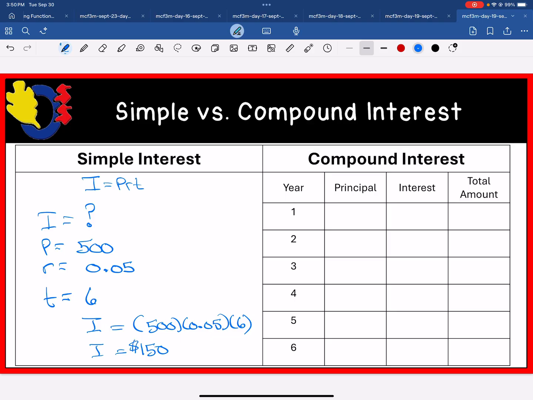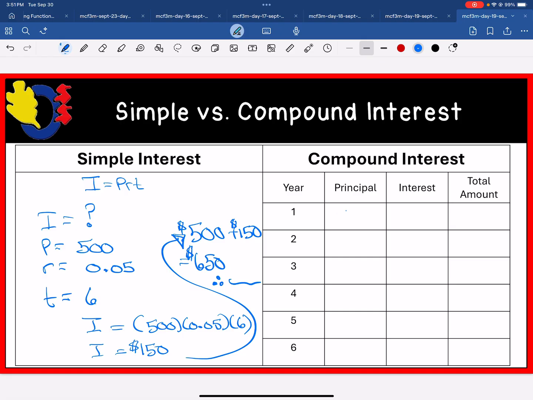So in total, 500 plus 150, I'm running out of space here, I'll write it up here. So 500 plus 150 is going to give us our total amount, including our investment, so $650. Okay, so therefore, the investment is $650.